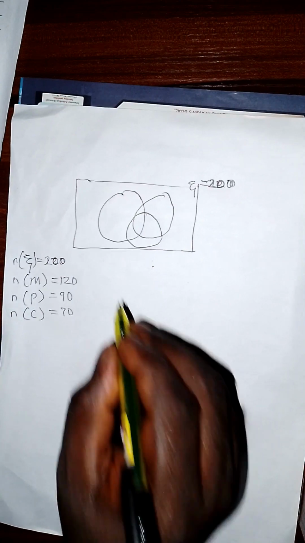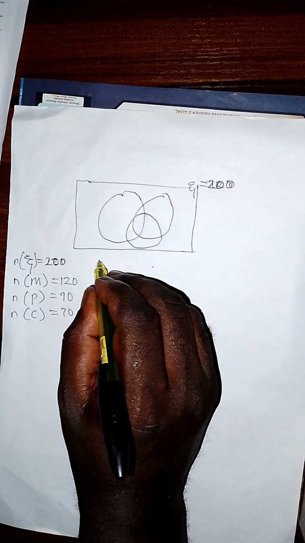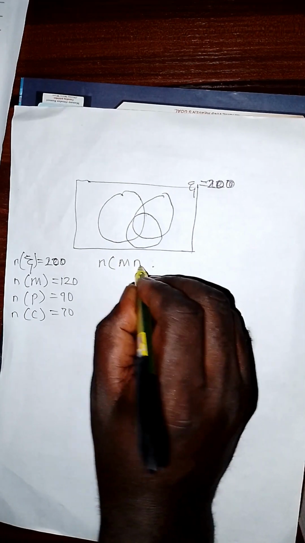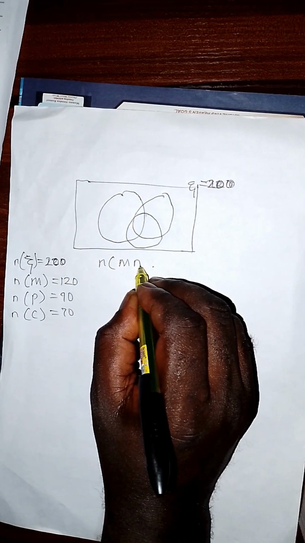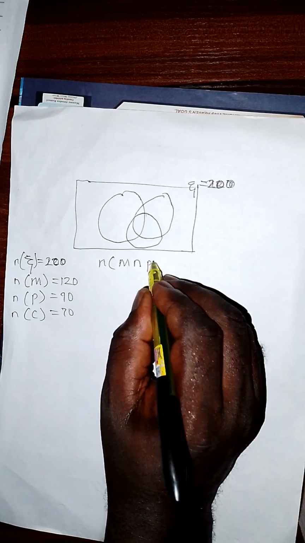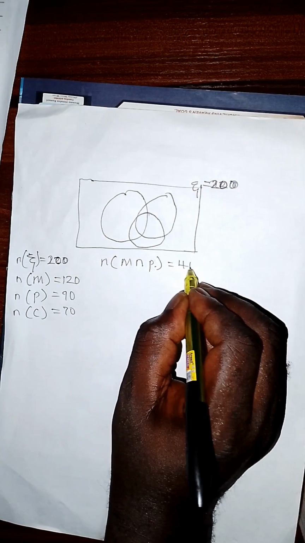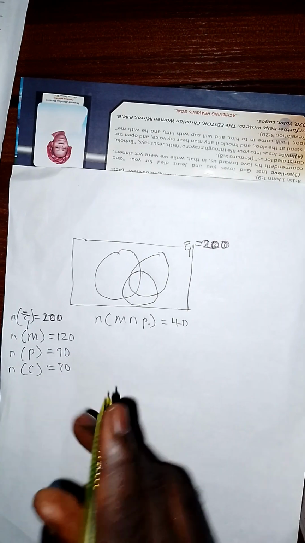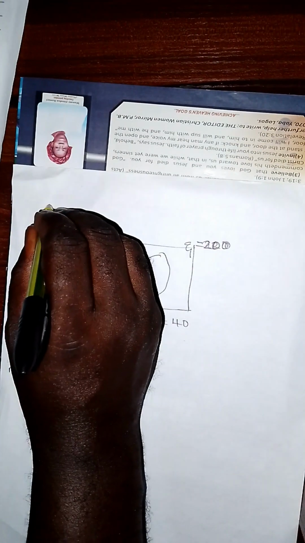We're told that 40 study mathematics and physics. Now I told my student, if the question has said 40 study mathematics and physics only, this is how I would have written it.